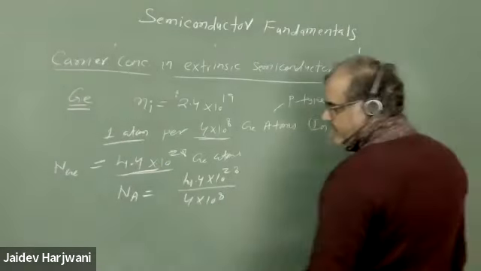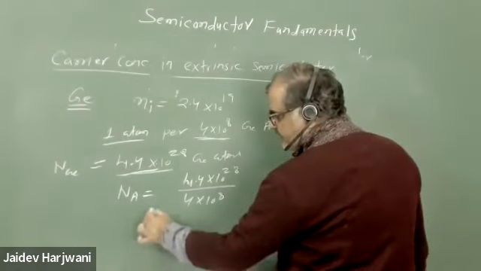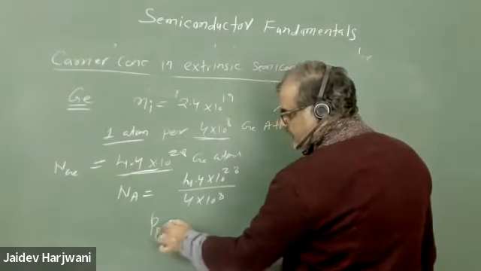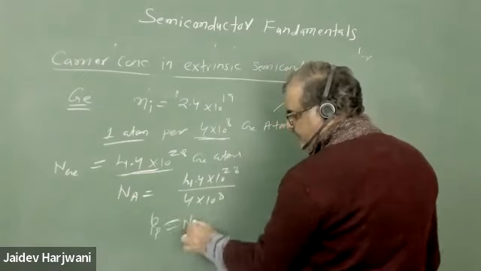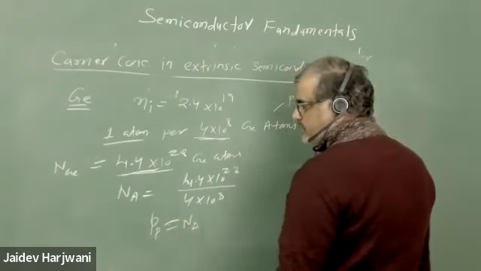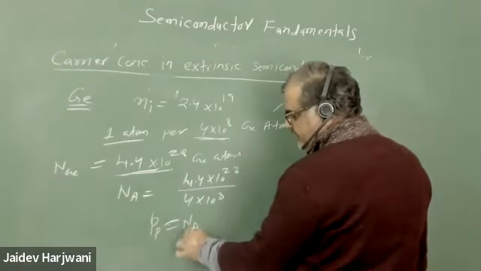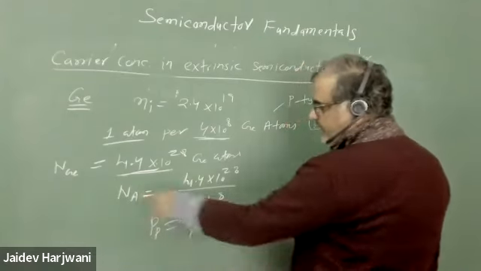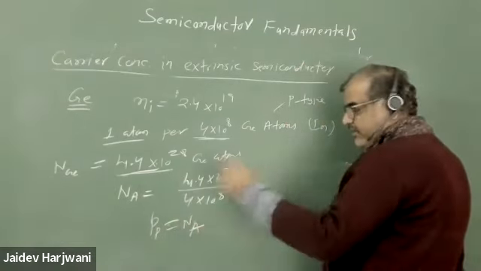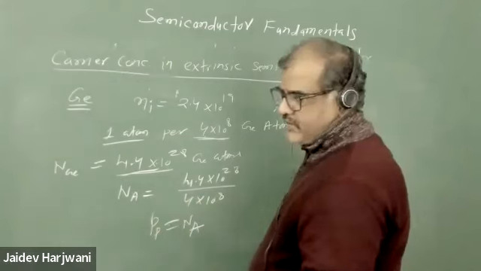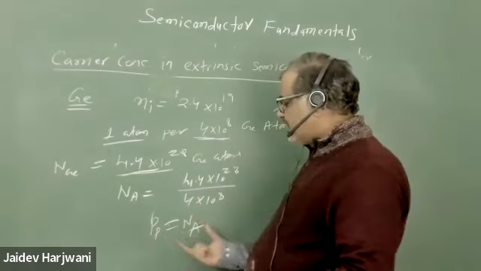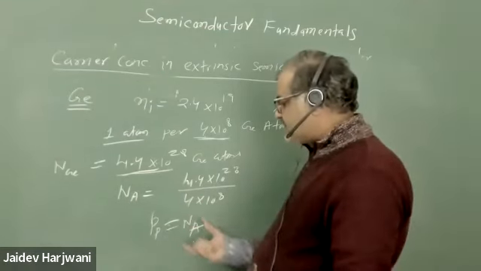Once I know Na, in p-type material, I assume complete ionization. In the question complete ionization is not given, but partial ionization is also not given, so you can assume that all the atoms get ionized.